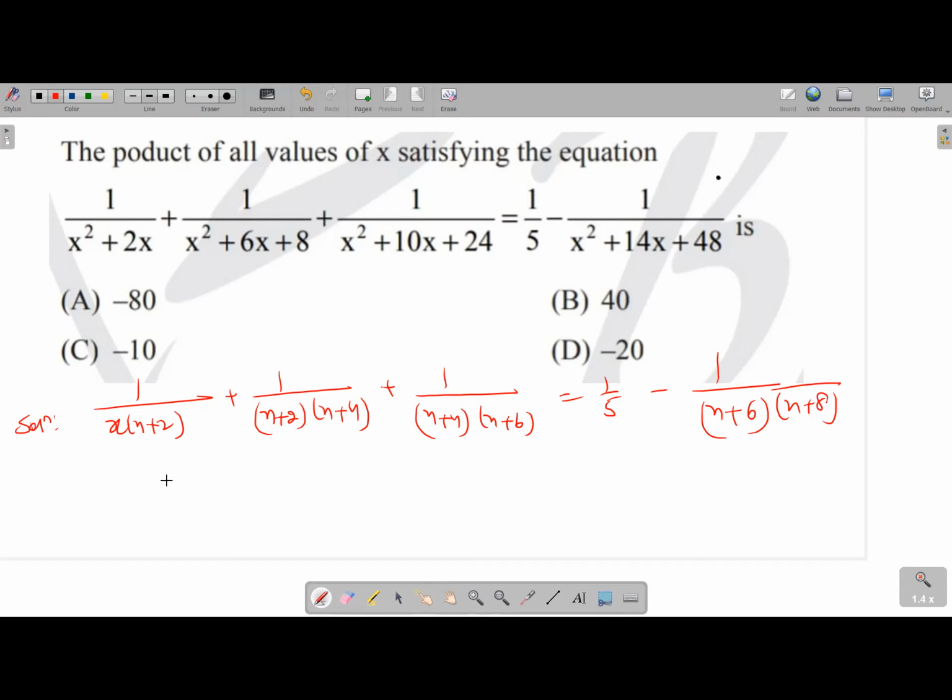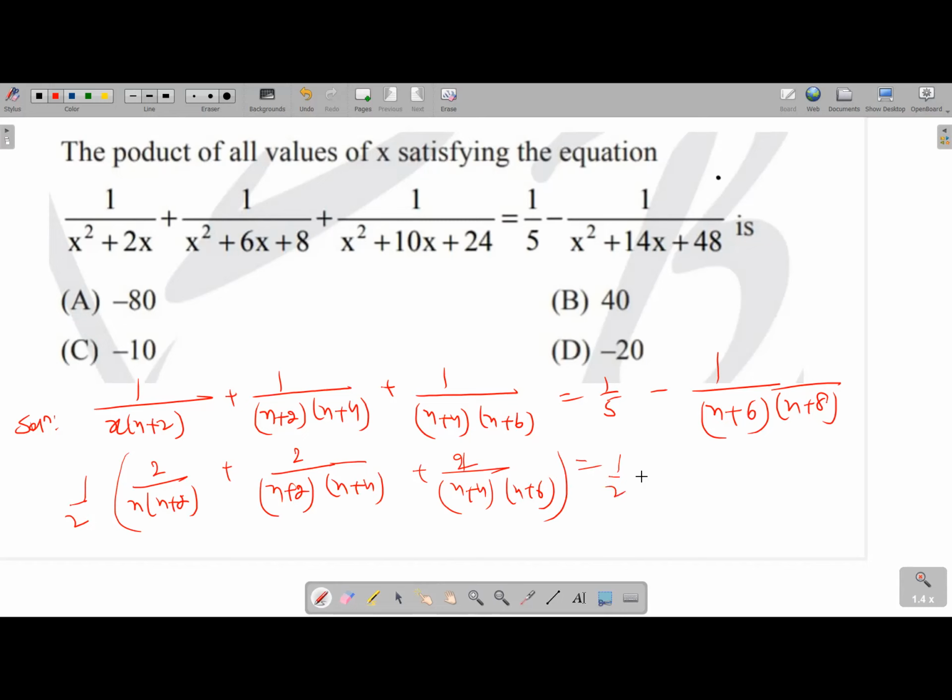So do one thing. Multiply and divide by 2. So multiply it by 2 and balance it by dividing by 2. Do the same thing over here. Minus. Sorry. Half will be, 1 by 5 will be as it is, minus half, and 2 upon x plus 6, x plus 8.